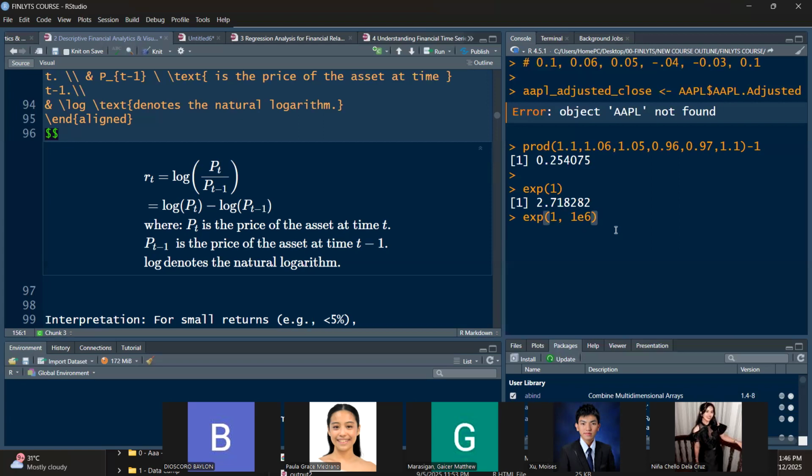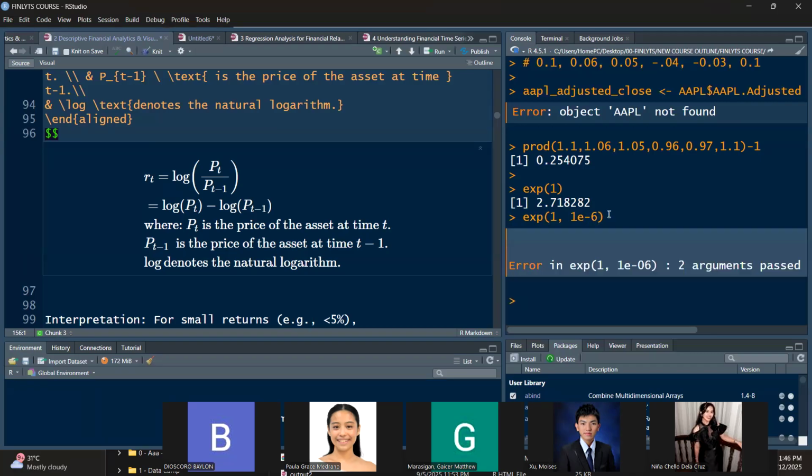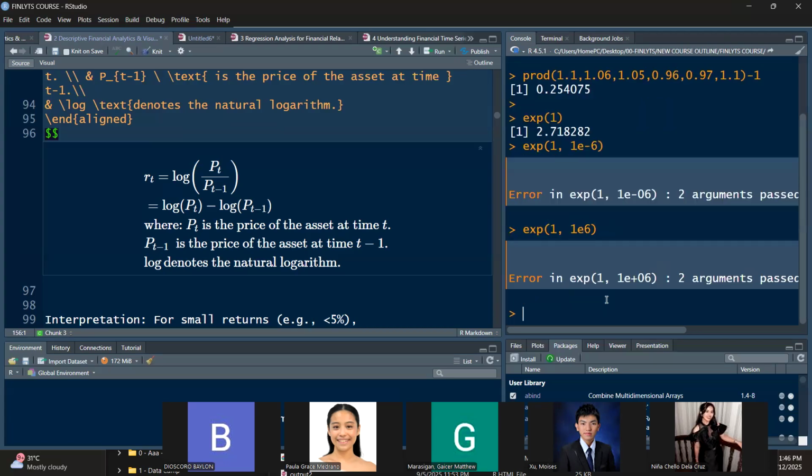No, it's an error. Anyway, I wanted to increase the decimal places. It doesn't work, class, but it's approximately 2.718281828.